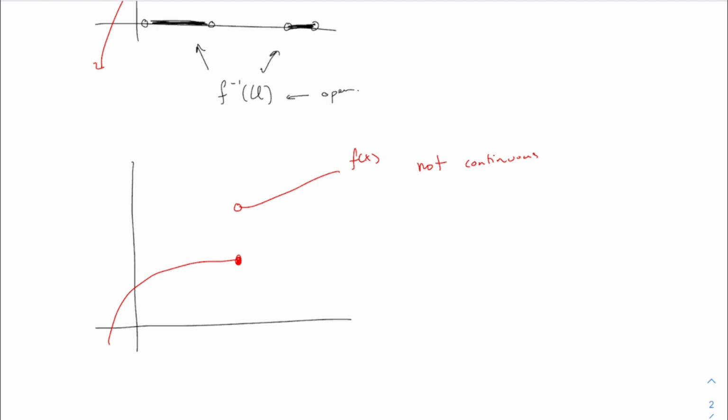And it will not surprise you that the way that I'm going to choose the U somehow involves this point and this gap here. In this example, if I choose the U to be something like this, I'm choosing an open set over here, which goes across part of the gap, but not all the way up to the top of the gap.